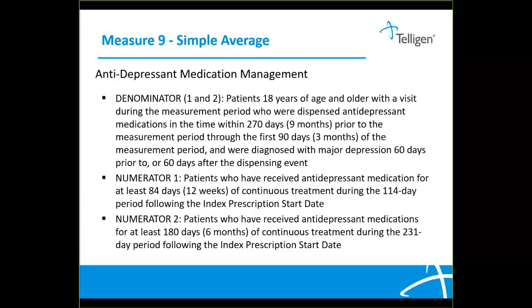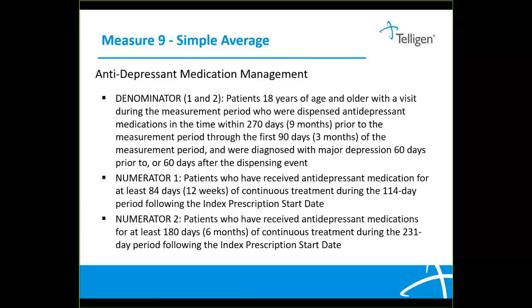Next, we'll look at measure 9, antidepressant medication management, which is calculated by a simple average. For this measure, the denominator is patients 18 years of age and older with a visit during the measurement period who were dispensed antidepressant medications within 270 days prior to the measurement period through the first 90 days of the measurement period, and were diagnosed with major depression 60 days prior or 60 days after the dispensing event.